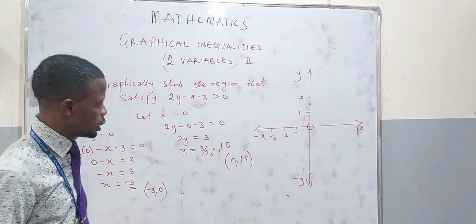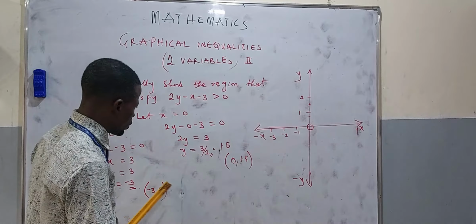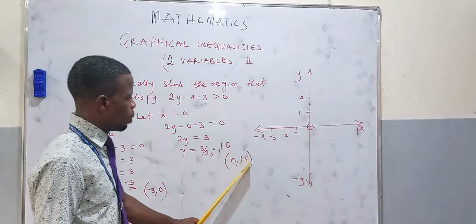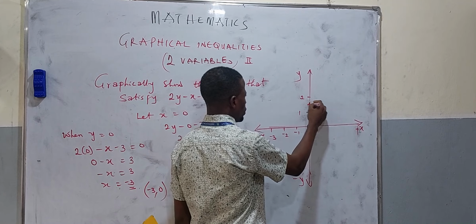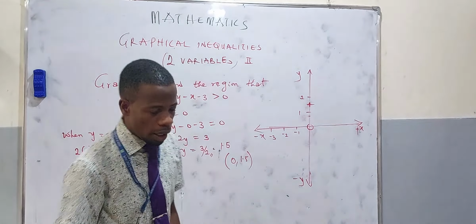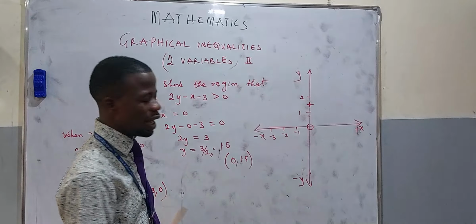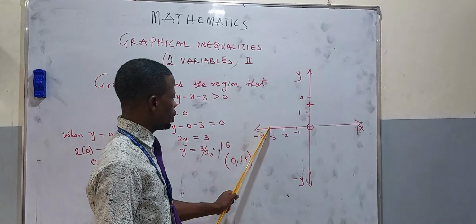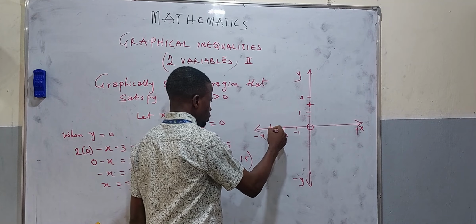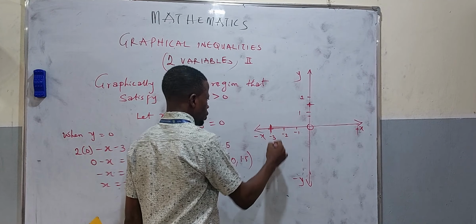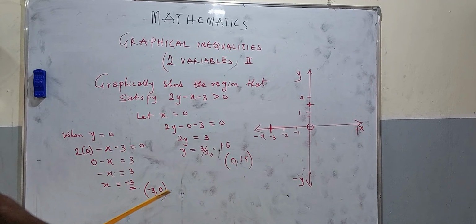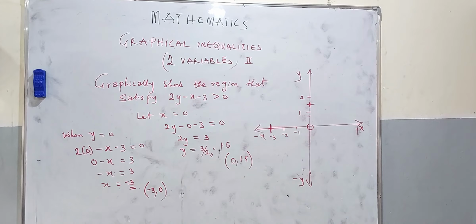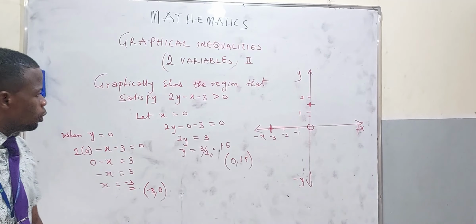Now let me show how the first coordinate is 0 and 1.5. X is 0, this is 1.5, so I have this point. Then the other one, minus 3 and 0, is this point. I'm supposed to join those points together, without showing yet whether it's greater than or less than.